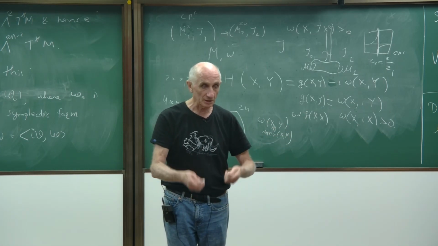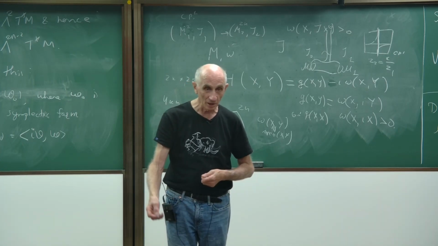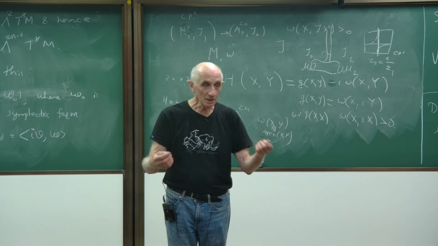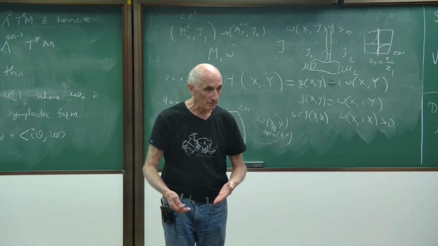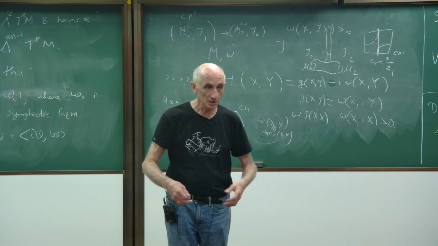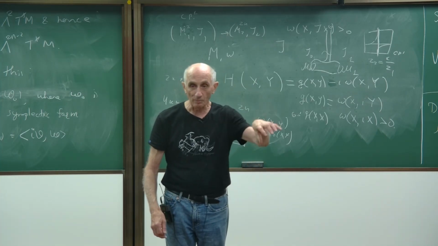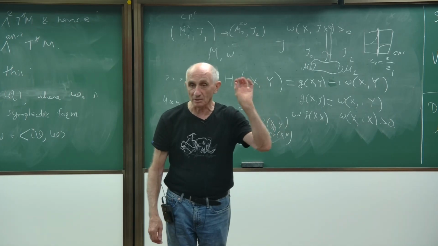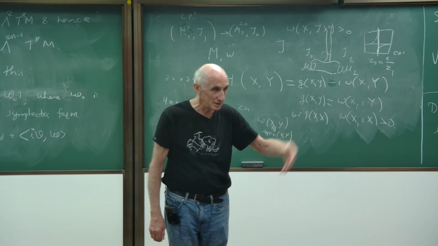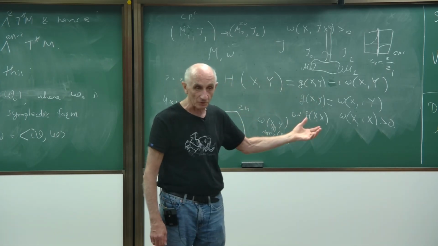So if you know that the integral of omega is bounded, you know that the area is also bounded. But omega is a closed form, so the integral of omega is a homology invariant. Therefore, if we consider our maps and all of them realize the same homology class, the area remains unchanged, and therefore you get the bound for free.